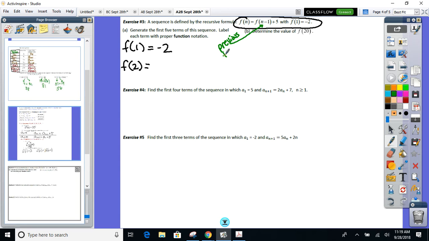And what do you do to the previous term? Add 5 to it. Stop me now, guys, because this is only going to get more difficult as we go along in the examples. If that's my given term, I know automatically n minus 1 must be my previous term. So take your previous term and add 5.